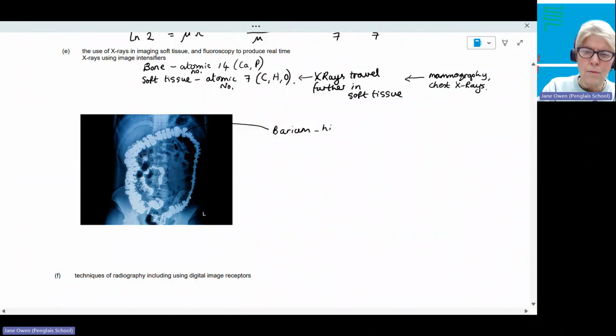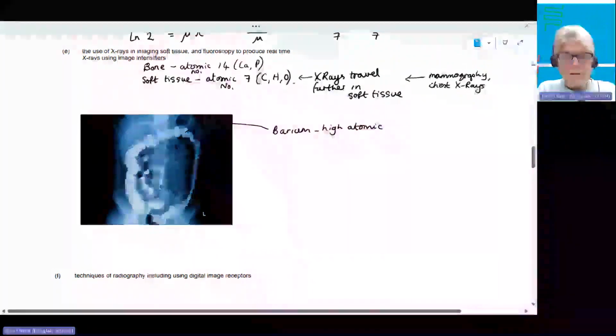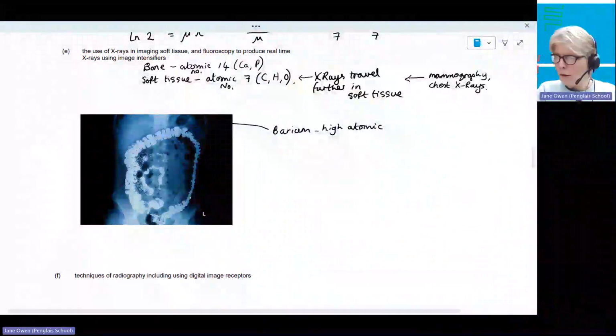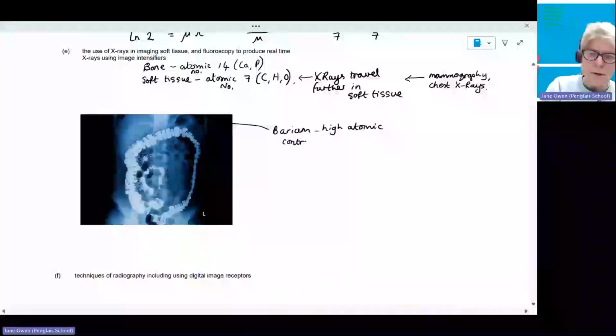It's got a high atomic number, so it's going to be absorbing the X-rays, allowing us to distinguish between different soft tissues within the body. We call that a contrast media.